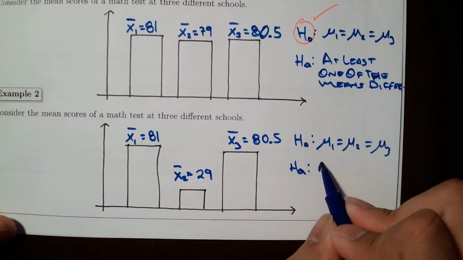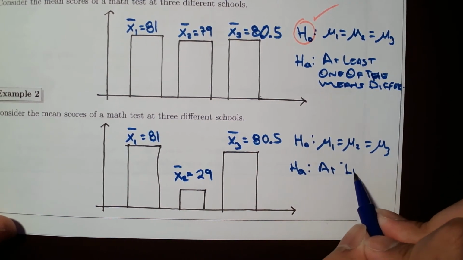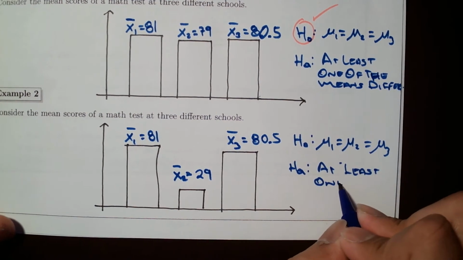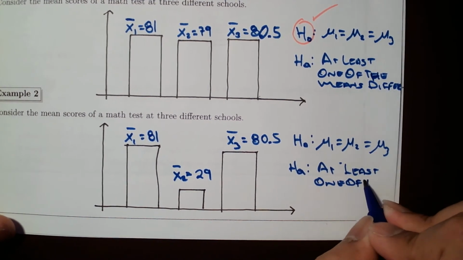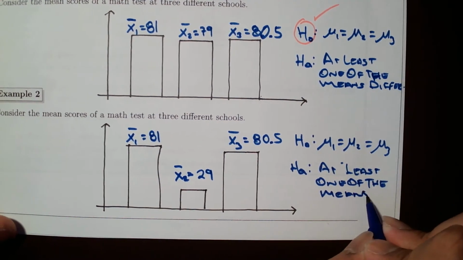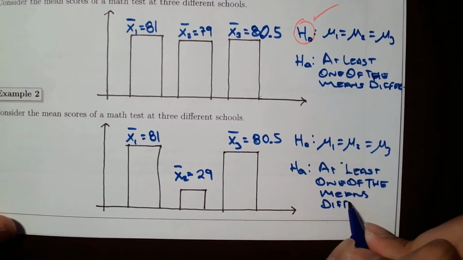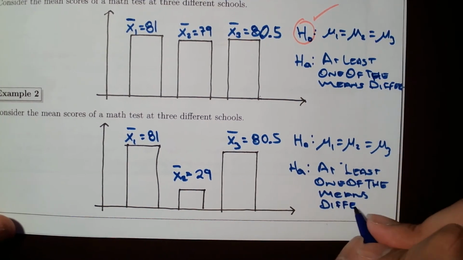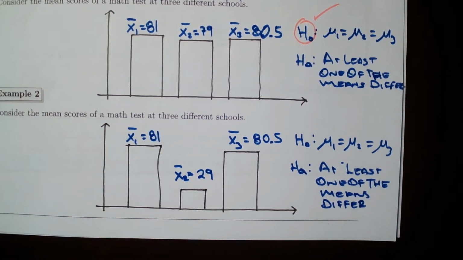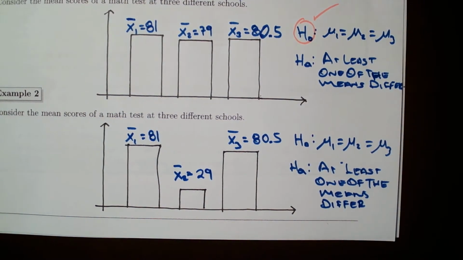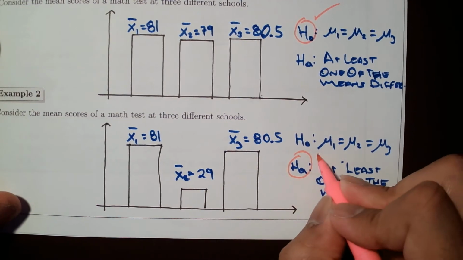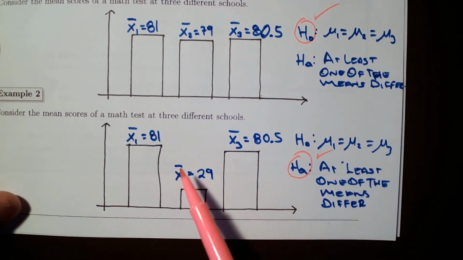But the HA is that at least one of the means differs. What is going to happen in this case? Looking at this data, most likely if we perform the ANOVA test on this data set, the HA will win, because look at the huge difference.